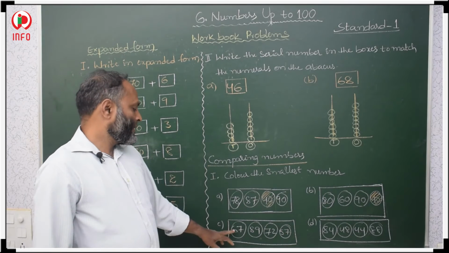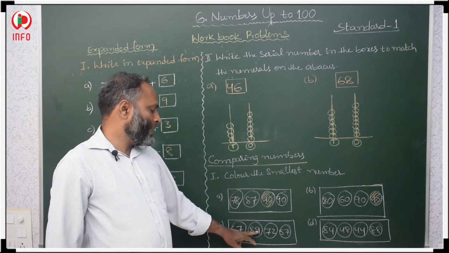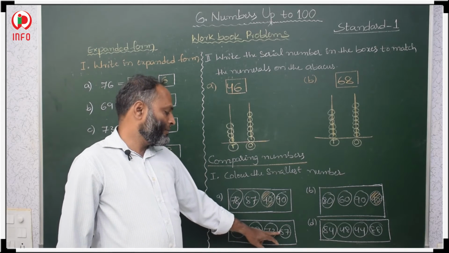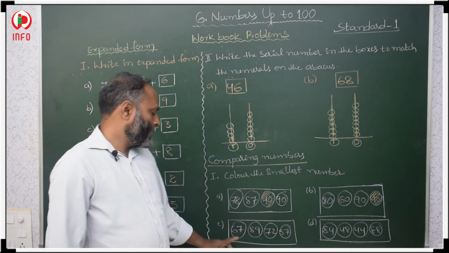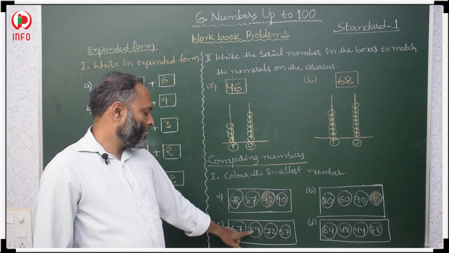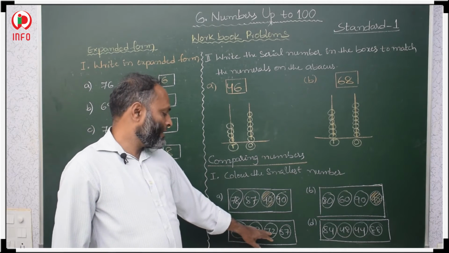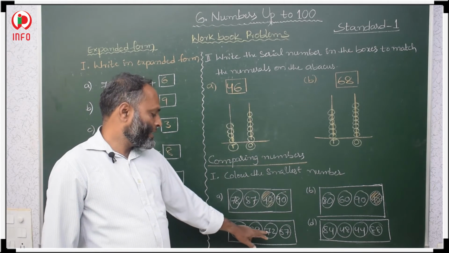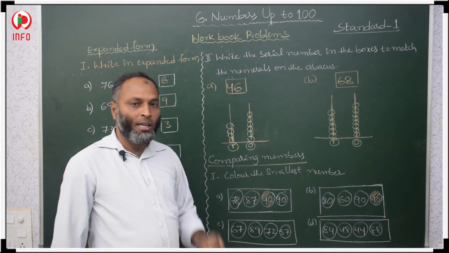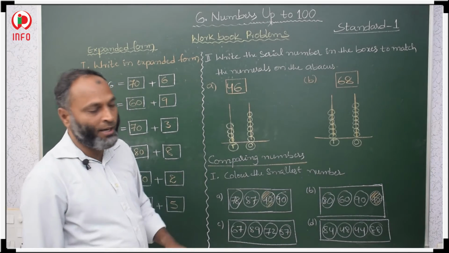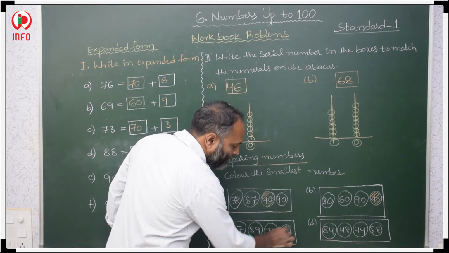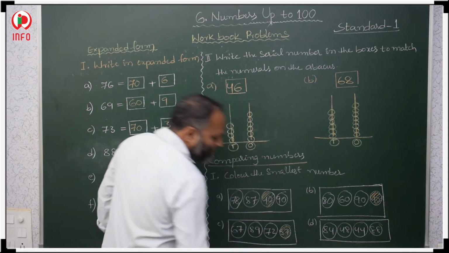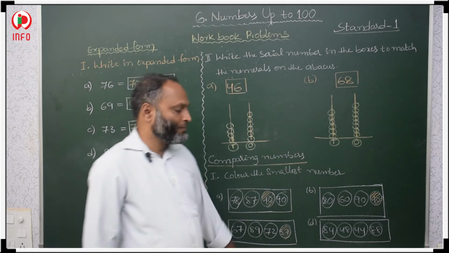Next, 67, 89, 72, 57. Here in tens place 6, 8, 7, 5. In 6, 8, 7, 5, 5 is smaller, so 57 is smaller. So color this one.